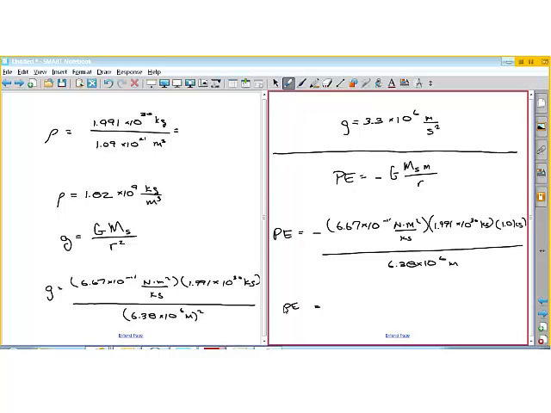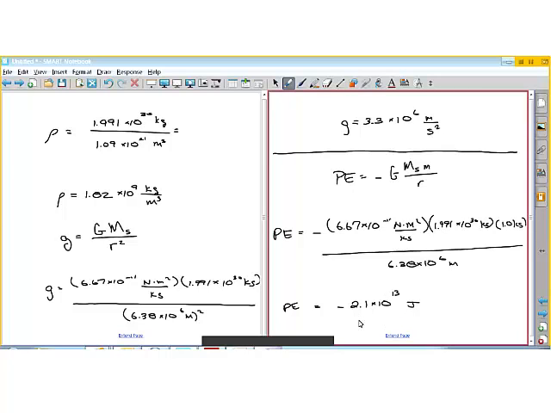Because it's energy, it's going to be in joules. 6.67 e to the negative 11th times 1.991 e to the 30th times 1 divided by 6.38 e to the 6th. And so we get negative 2.1 times 10 to the 13th joules, which is a huge amount of energy.